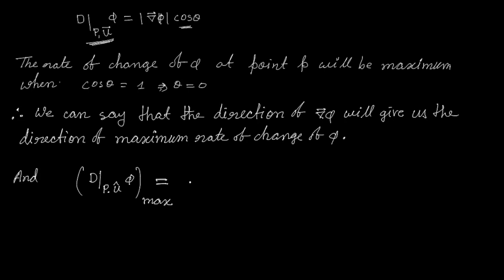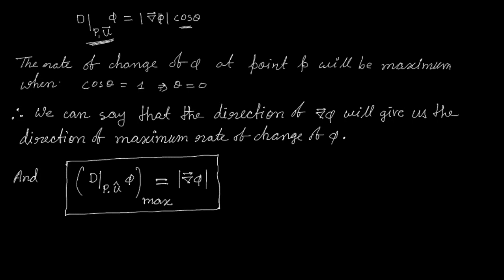When cos theta is 1, the value is mod of grad phi. That is, the maximum rate of change of phi is represented by mod of grad phi. Okay.